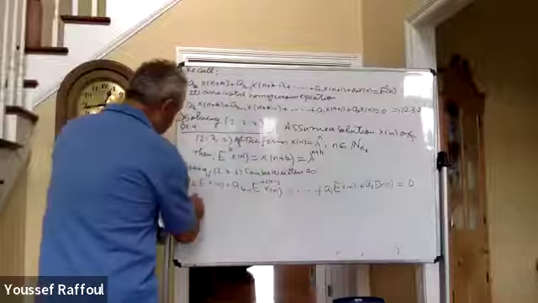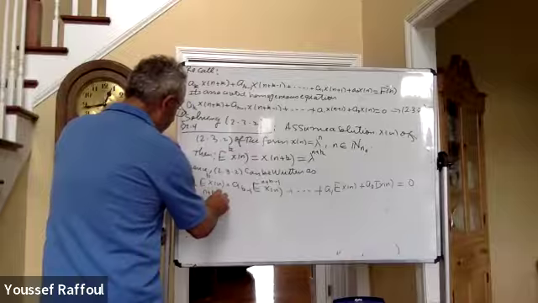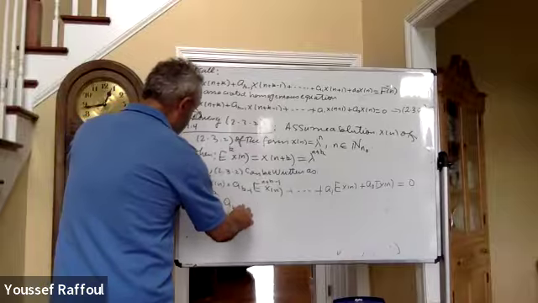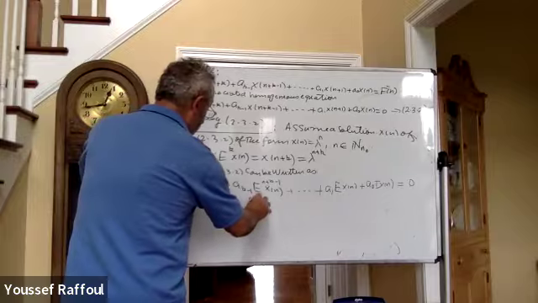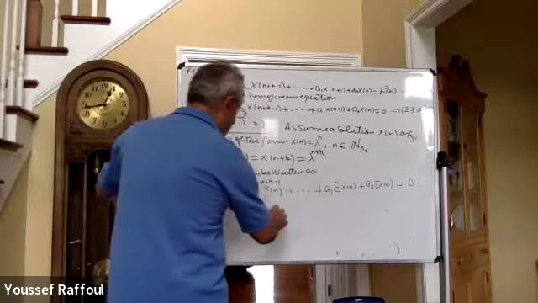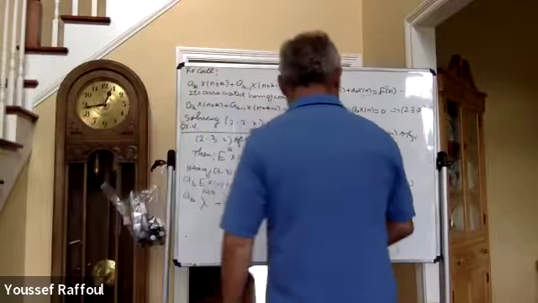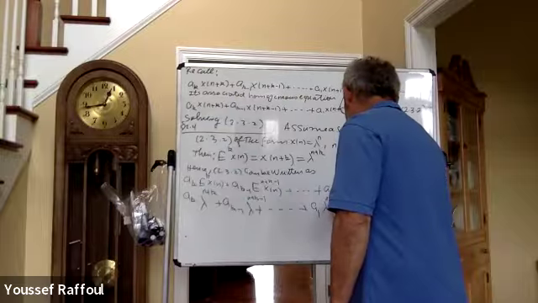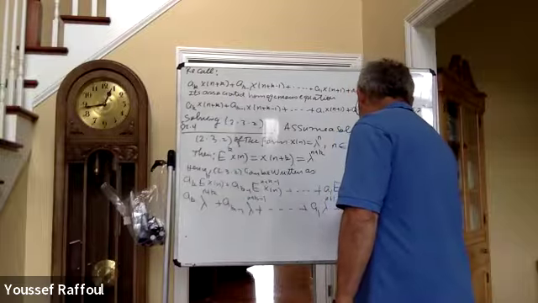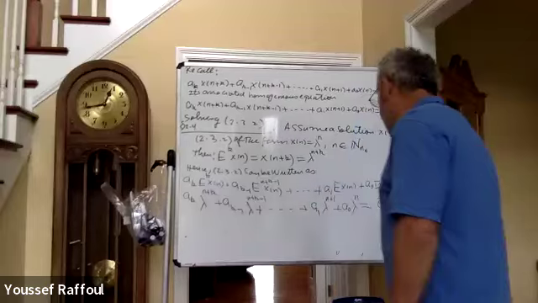So this is again ak lambda to the n plus k plus a(k minus 1) lambda to the n plus k minus 1 plus a1 lambda to the n plus 1 plus a0 lambda to the n, that is equal to 0.